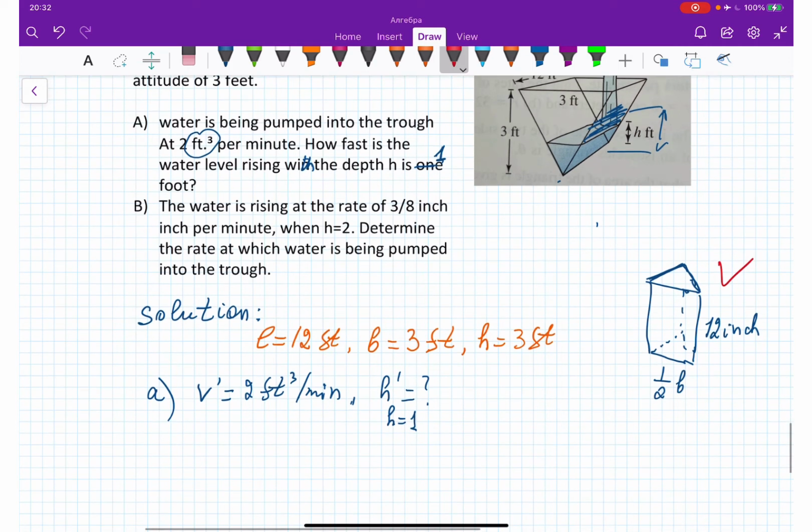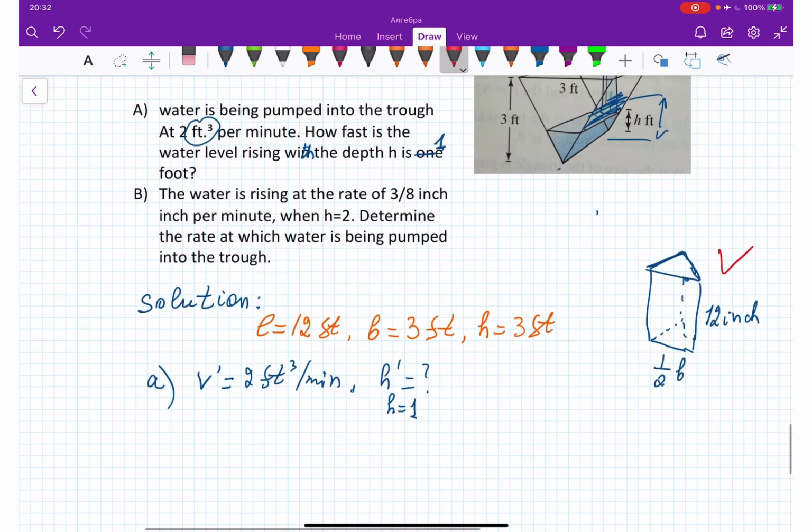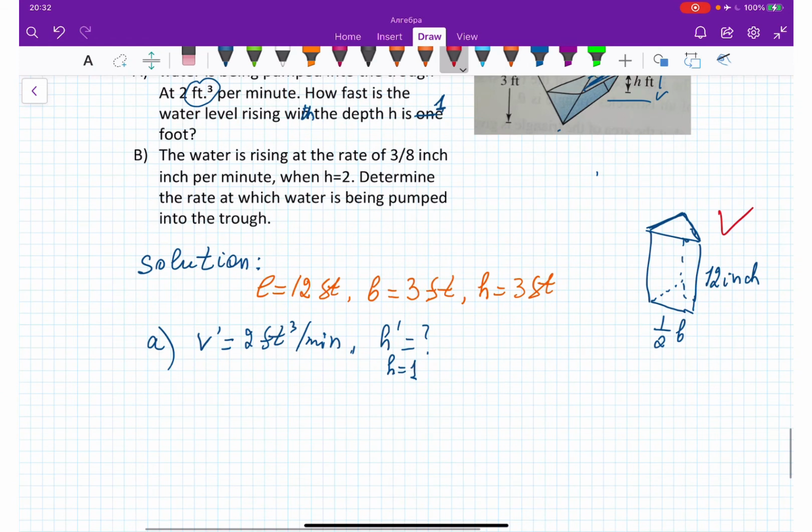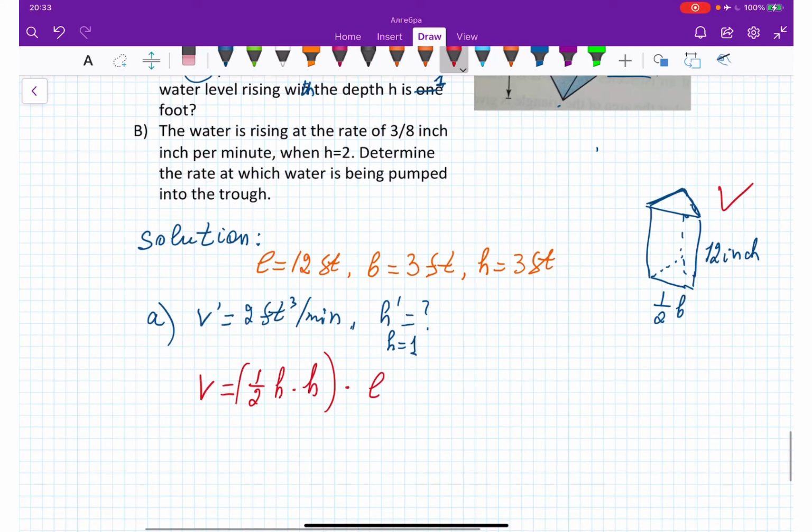This means that the volume is the area of the triangle, 1/2 b times h, and multiplied by the length between the two ends.